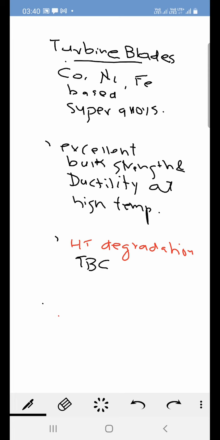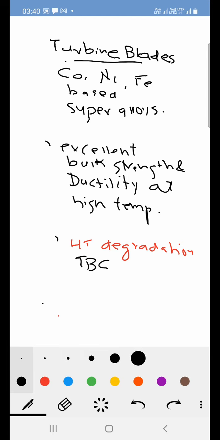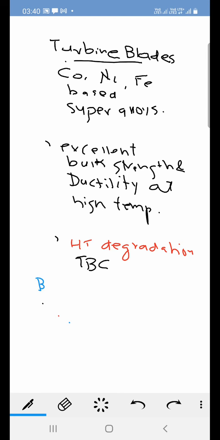The bond coat that we have recently discussed provides a glue layer between the metal and the outside protecting coating layer.